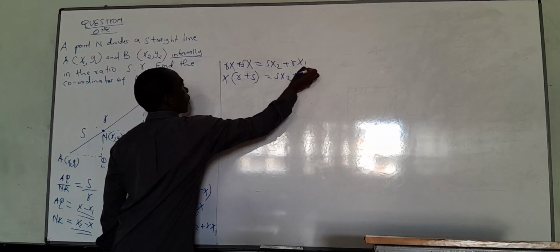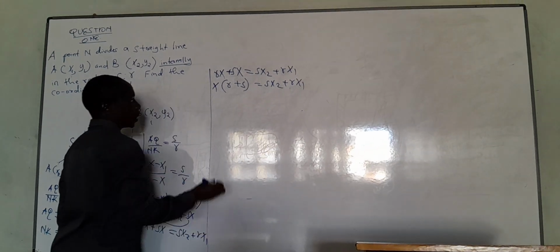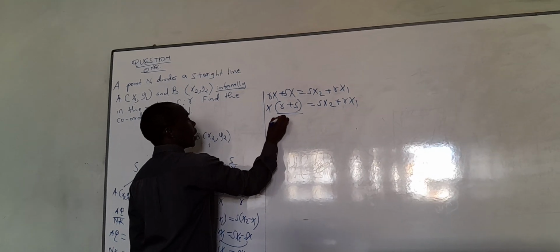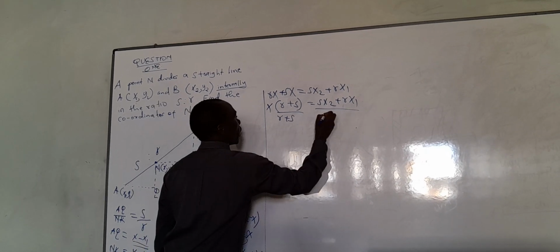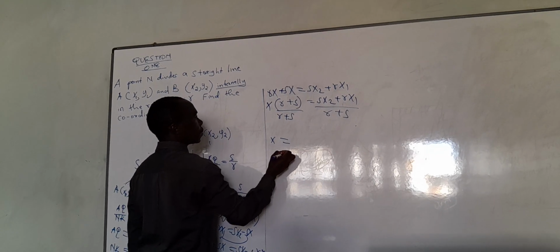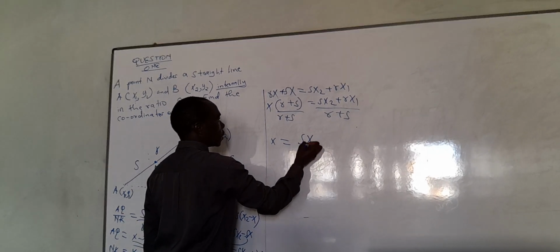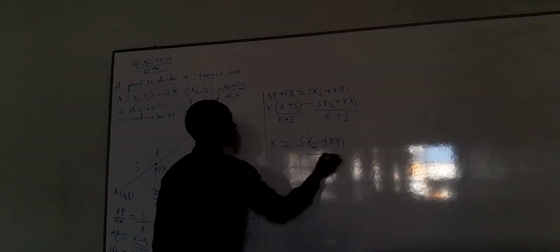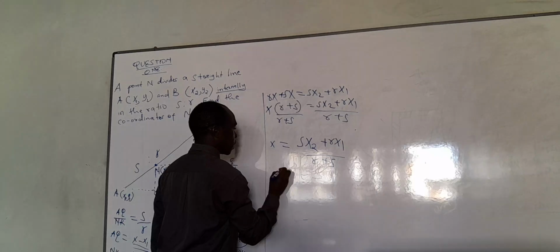So what's the coordinate of N? You divide both sides by R plus S, and x will be equal to (Sx2 plus Rx1) over (R plus S).